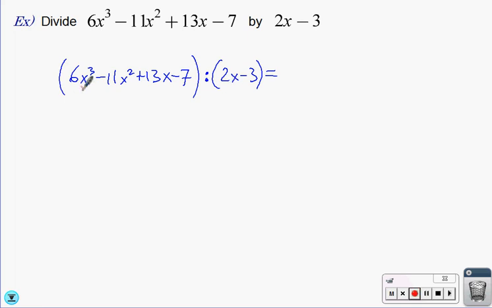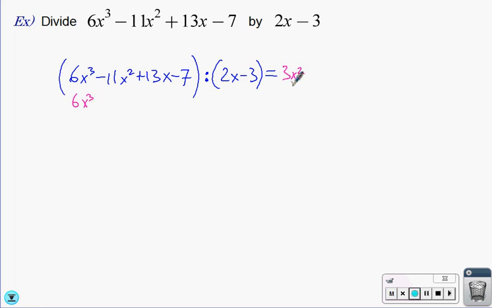The biggest terms should be exactly the same. I will multiply 2x with something, so that when I multiply 2x with that, it is the same as 6x cubed. So 2 times 3 I need, so it will be 6. Then x times x squared I need, so it can be x cubed.